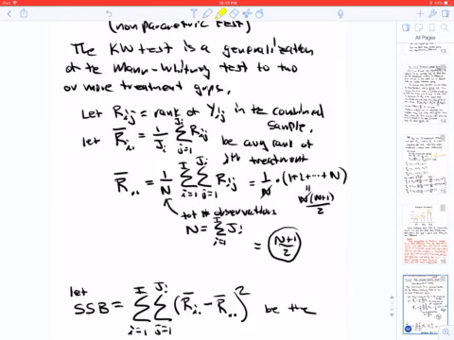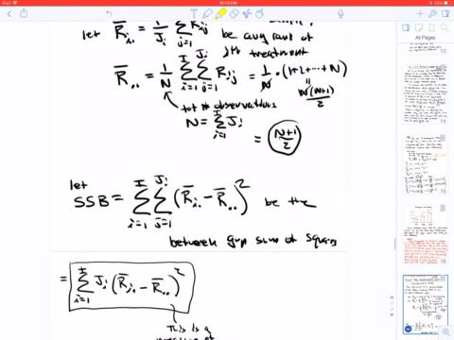We're going to replace all of our yi's with ranks in the combined sample. Then we're going to look at the average rank for each treatment group and the overall average rank, which is n plus 1 over 2.